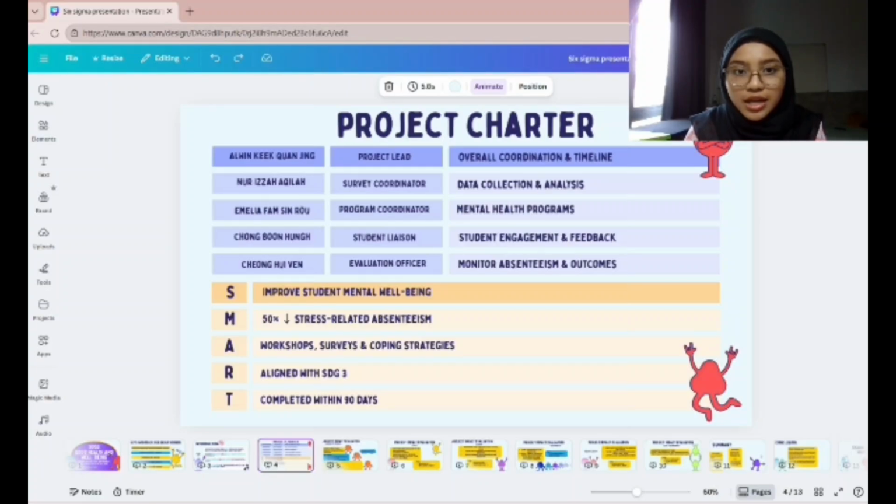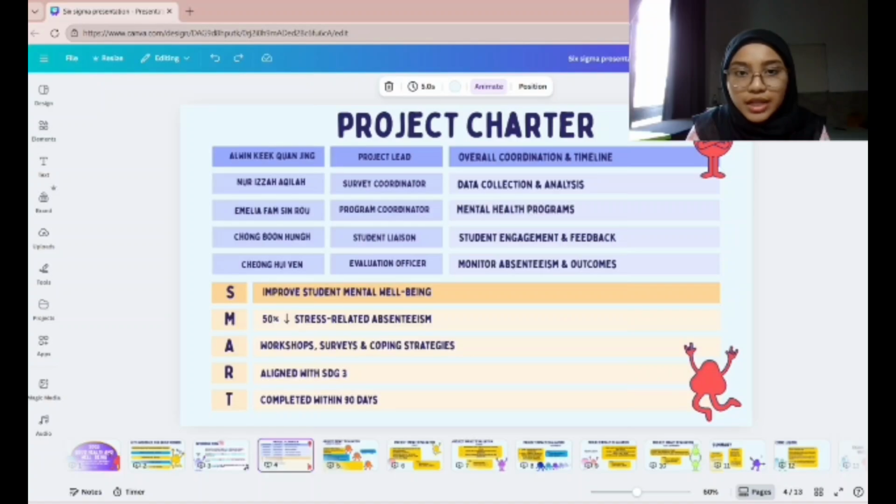Our project is highly relevant as it aligns with Sustainable Development Goal 3, which focuses on good health and mental well-being, while directly improving students' quality of life and academic performance. Finally, our plan is time-bound. All interventions, monitoring, and evaluation will be completed within 90 days, ensuring timely and effective outcomes.